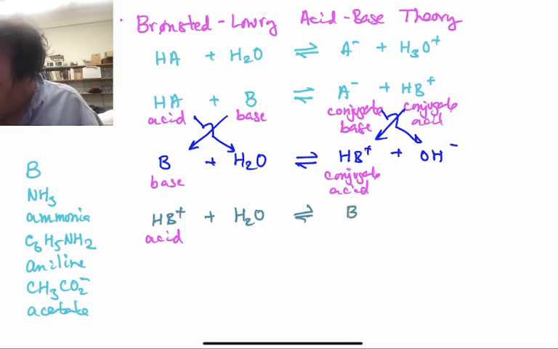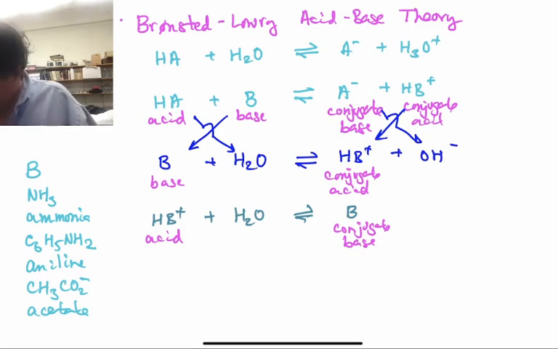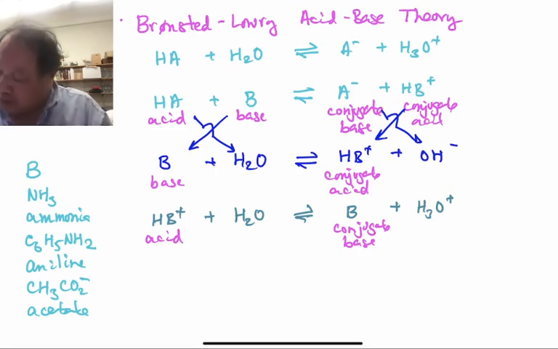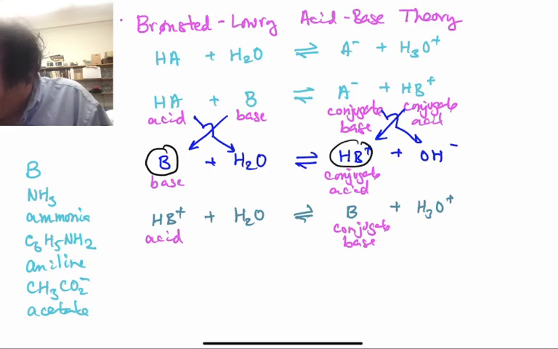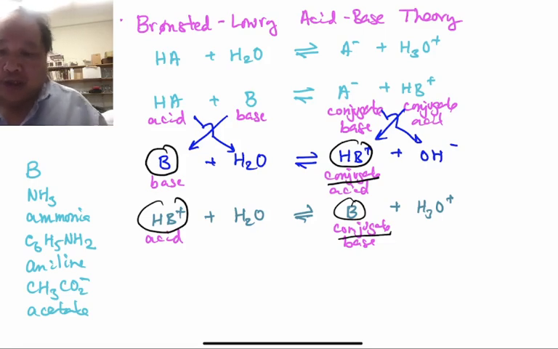It loses the proton to become the conjugate base, and the water, being the base here, gains the H plus and becomes H3O plus. And what we can see is B is the base, HB plus is the conjugate acid, HB plus is the acid, B is the conjugate base. The key is that B and HB plus are always conjugates of each other. So they're stuck together, and we're going to explore that next.